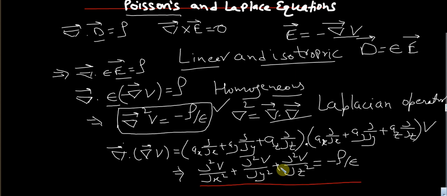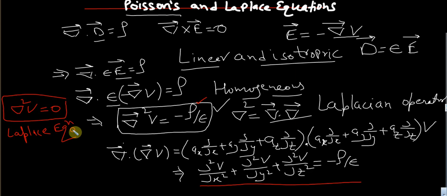And one more thing: in a particular region or medium where there is no free charge, where the charge density rho is 0, this equation reduces to del square V is equal to 0, and this reduced equation is called the Laplace equation.